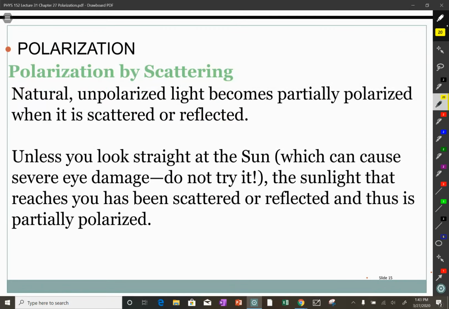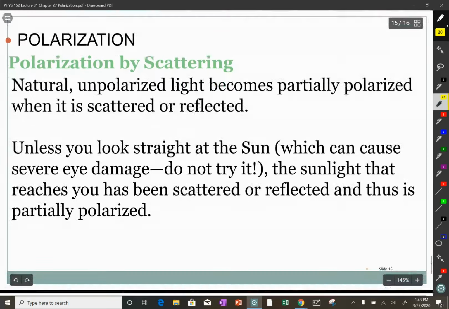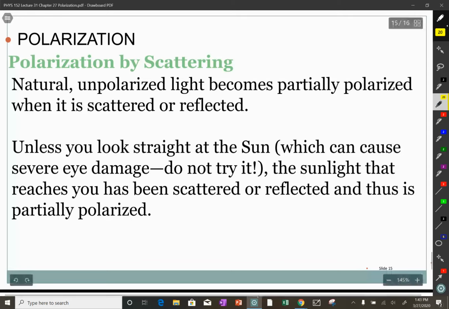Another example, in scattering. We generally talk about two kinds of scattering, and right now we're going to talk about Rayleigh scattering. Rayleigh scattering is the scattering that makes the sky blue.